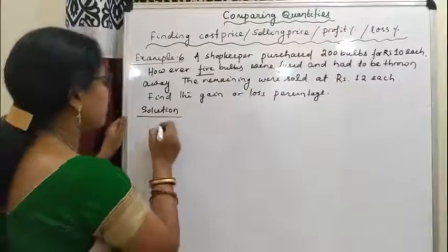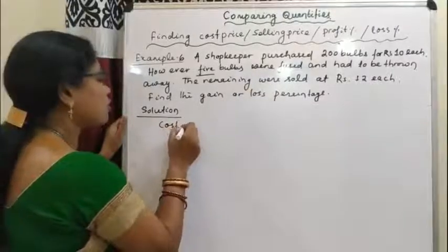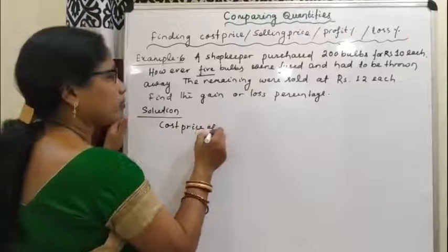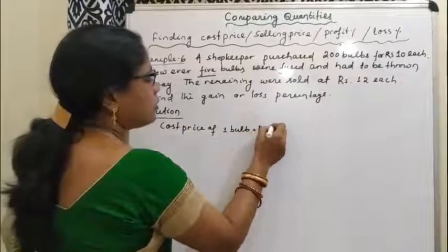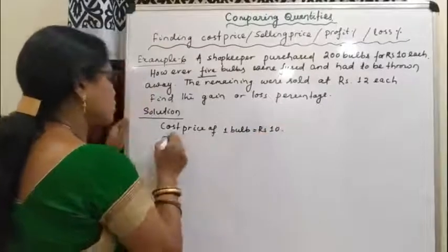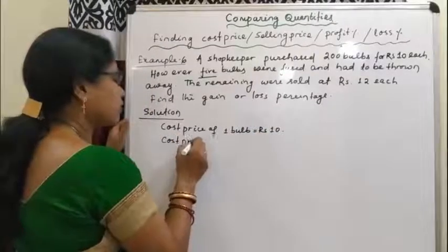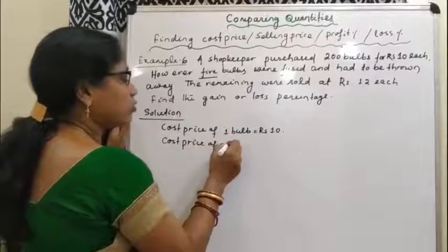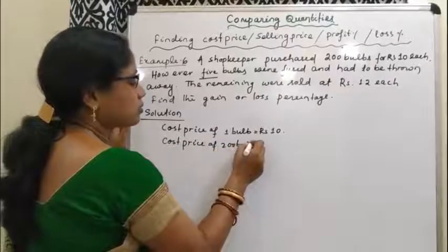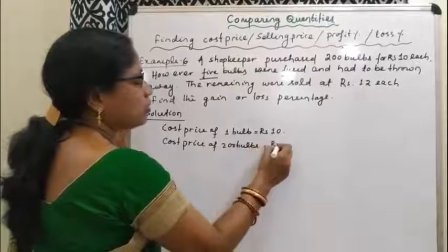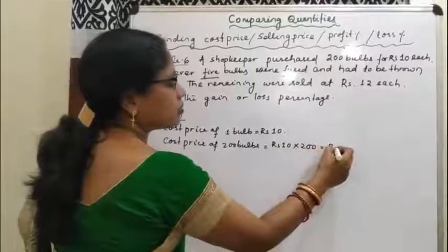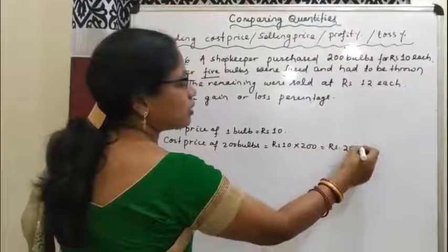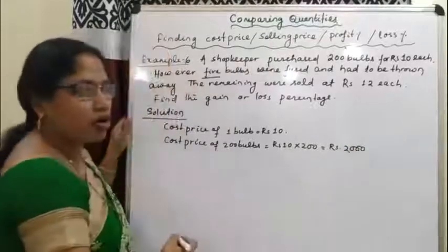Here it is given that the cost price of one bulb is equal to rupees 10. So the cost price of 200 bulbs is equal to rupees 10 multiplied with 200, which is rupees 2000. So this is our cost price.